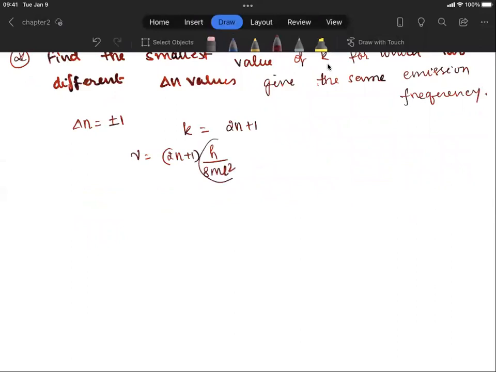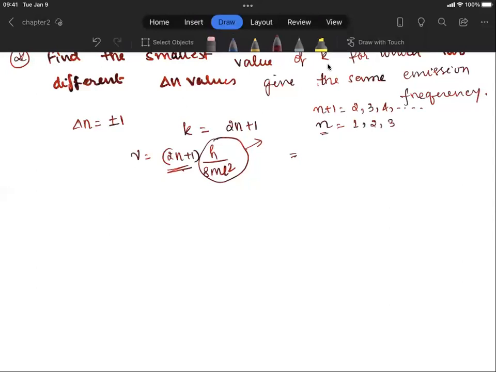So this part is common, so I'm just going to ignore that, and I'm only going to write about the 2n plus 1 term. If n plus 1 can only start at 2, the lowest n would be 1. So the upper level can be 2, 3, 4, and so on.